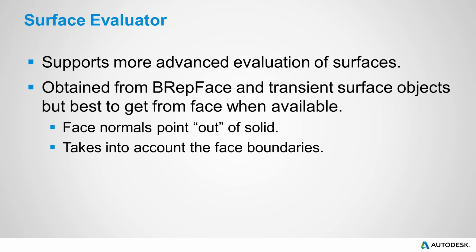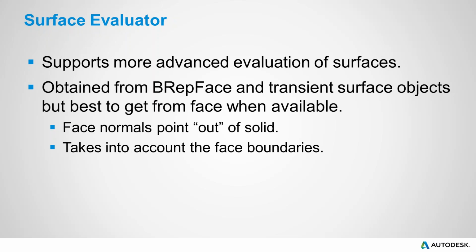So let's say I have that part we saw earlier that had the hole cut through it, but on the front part it had a partial cylinder, so it had that rounded front. If I got that partial cylinder face, and then I get the evaluator from the face, the evaluator will take into account information it gets from the face.